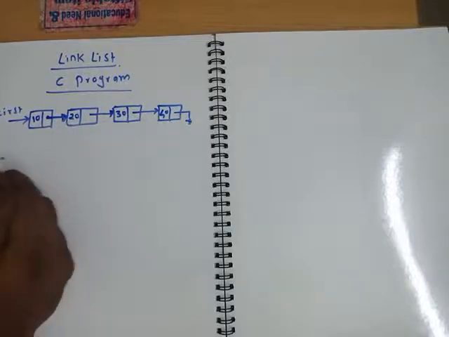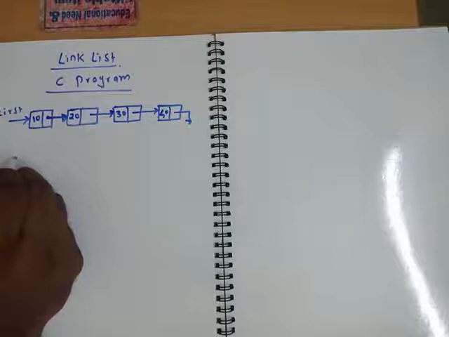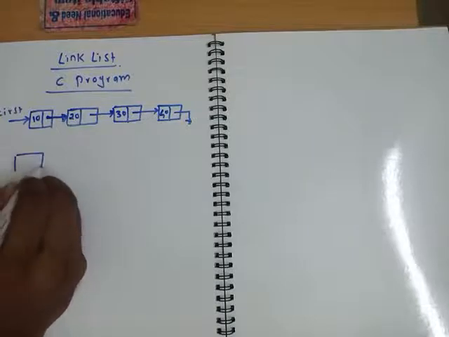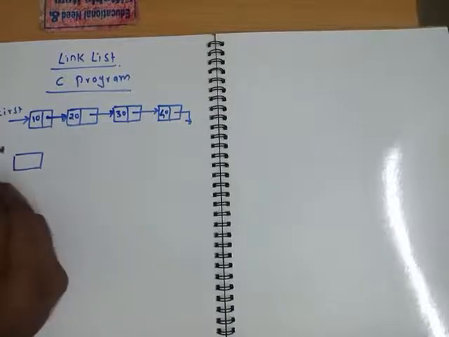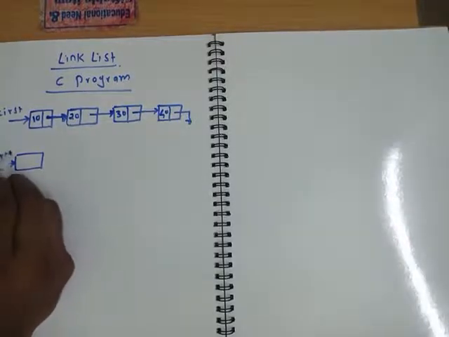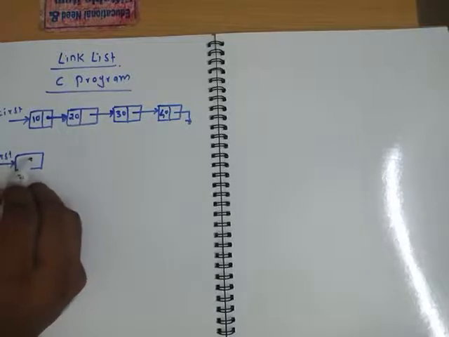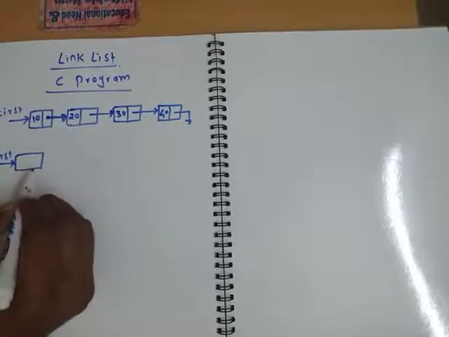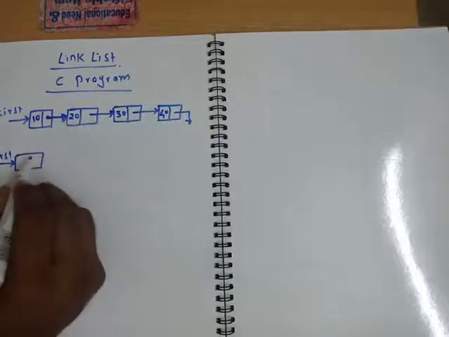To create this linked list, I will first create the first node of the linked list. The logic is like this. First, create the first node of the linked list and point it by the first pointer. In fact, this node can be created by demanding memory dynamically. We'll see how to demand memory dynamically.